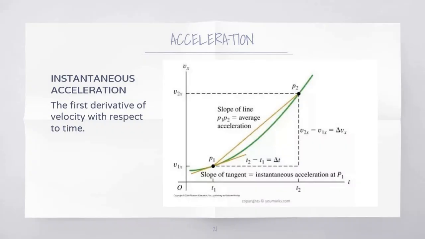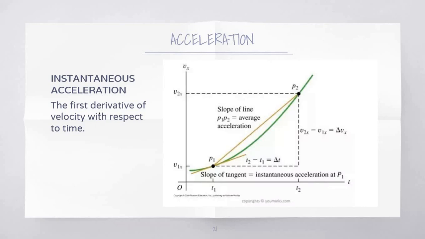And lastly, how about instantaneous acceleration? Again, what if we're left with one point in the graph? Because in instantaneous acceleration, we want to identify the acceleration of a particle at a specific point in time. So definitely it's just one point. So how do we solve for the instantaneous acceleration?